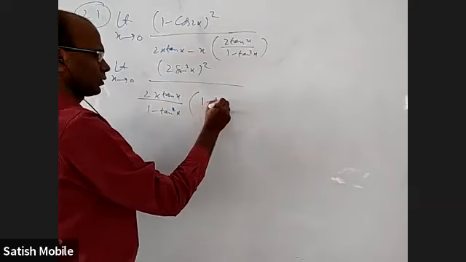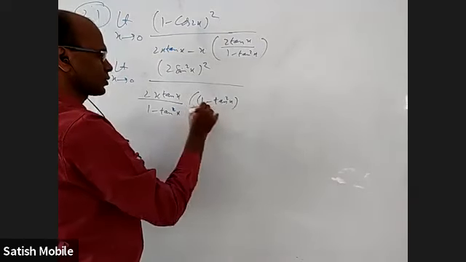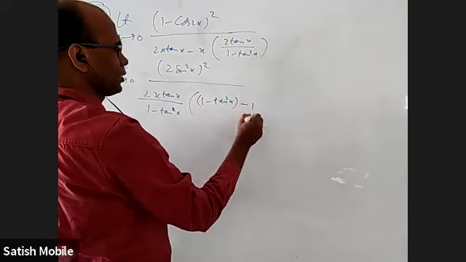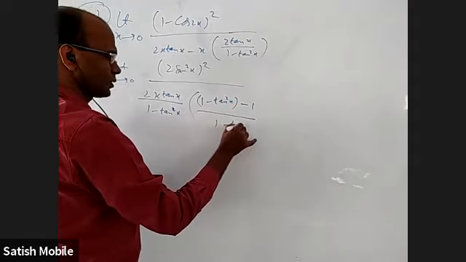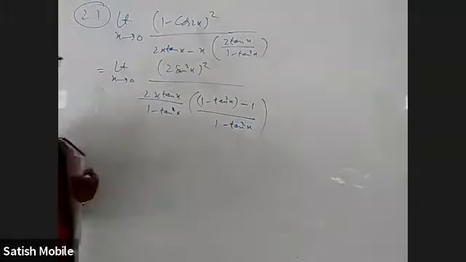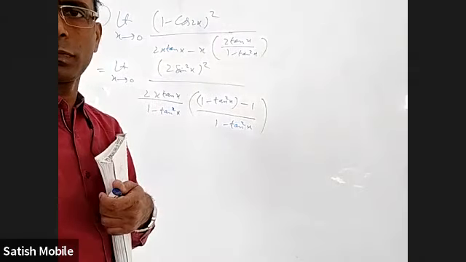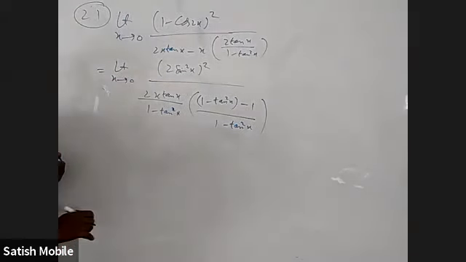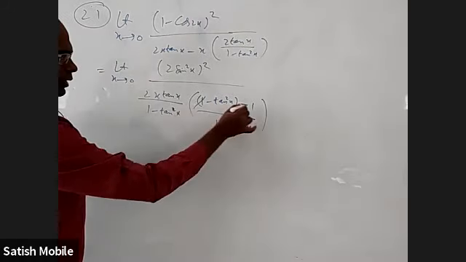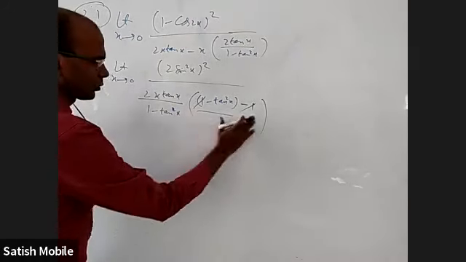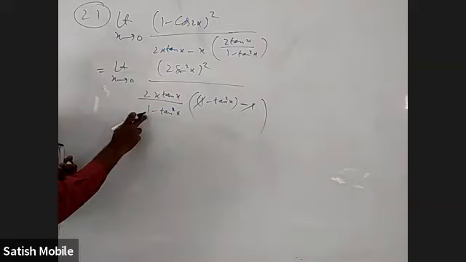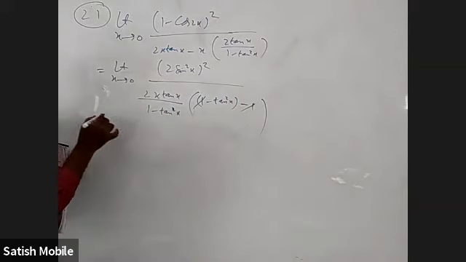I'll be getting 1 minus tan square x minus 1, by 1 minus tan square x. Now 1 and minus 1 I can cancel. So this is not there. I took common 1 minus tan square x, nothing to worry, it will become 1 anyway.